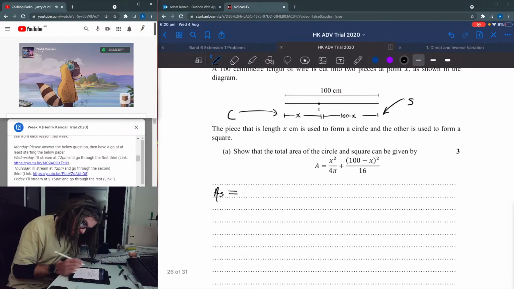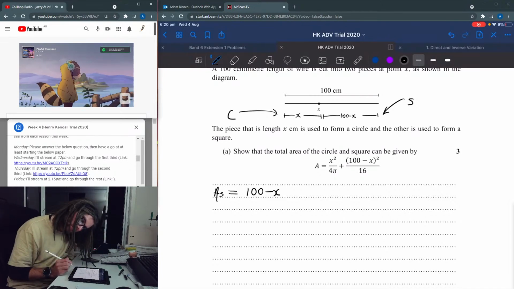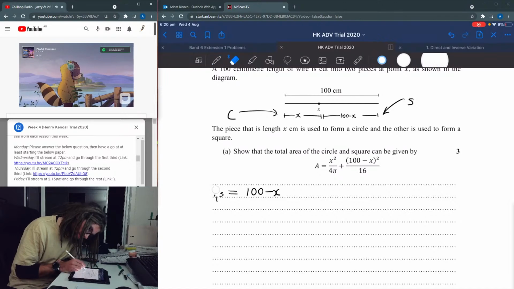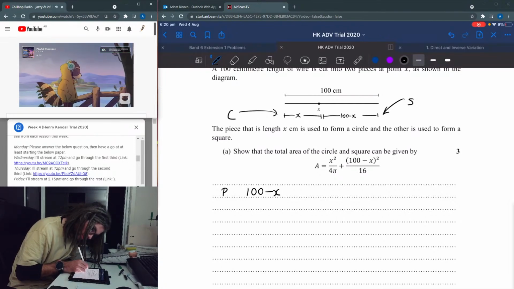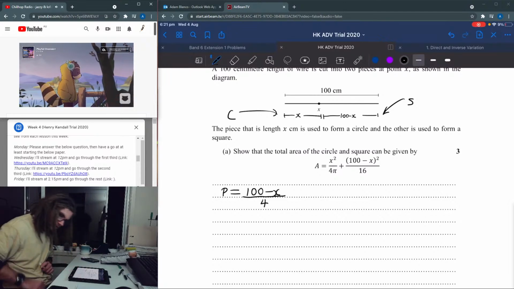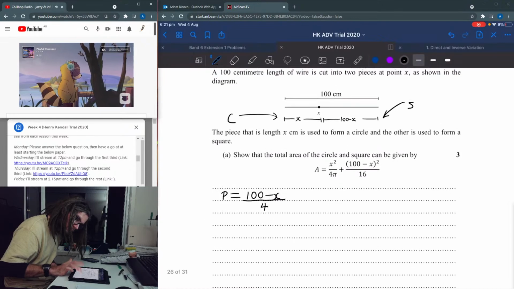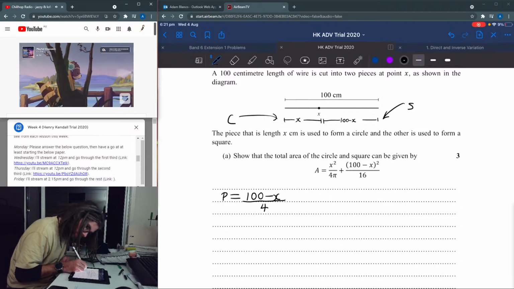Okay, so a square is going to be 100 minus X. Hang on. Okay, the perimeter is going to be 100 minus X divided by 4. Do I care about that? That's the perimeter of the square.